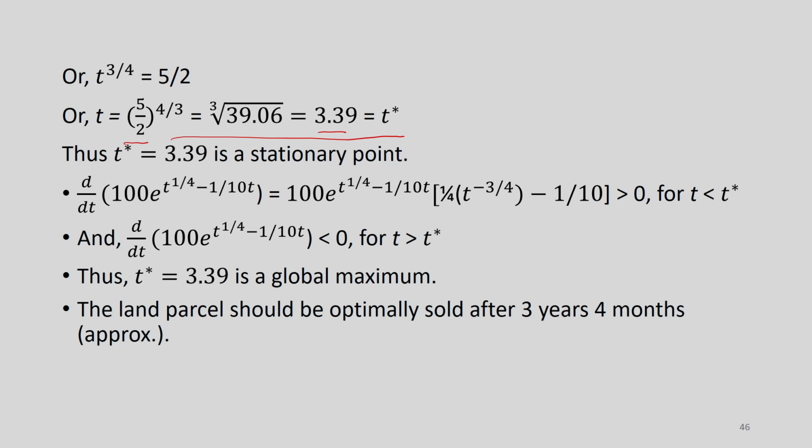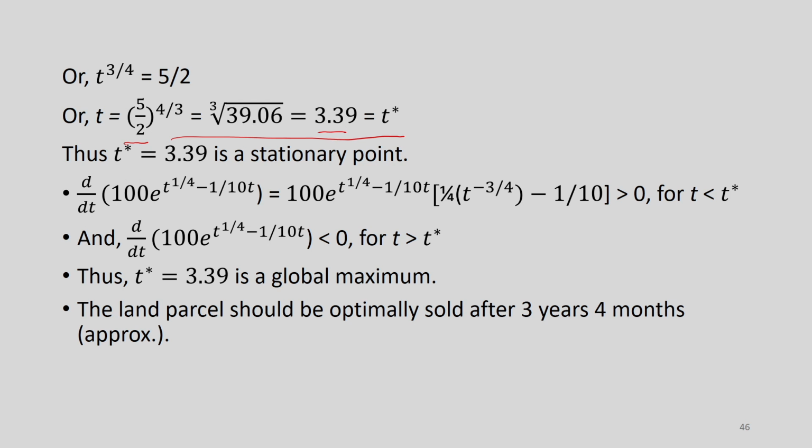So, this is t star. t star is equal to 3.39. This is a stationary point. At this point, the first order condition is satisfied. But that is not all. What we have done now is we have used the first derivative test of maximization.